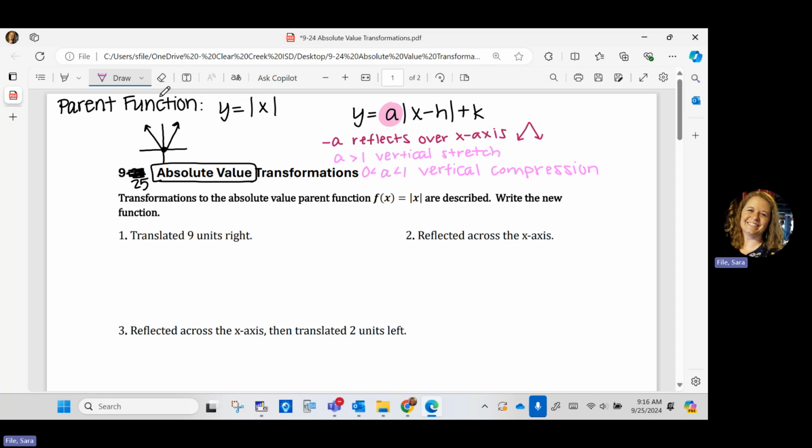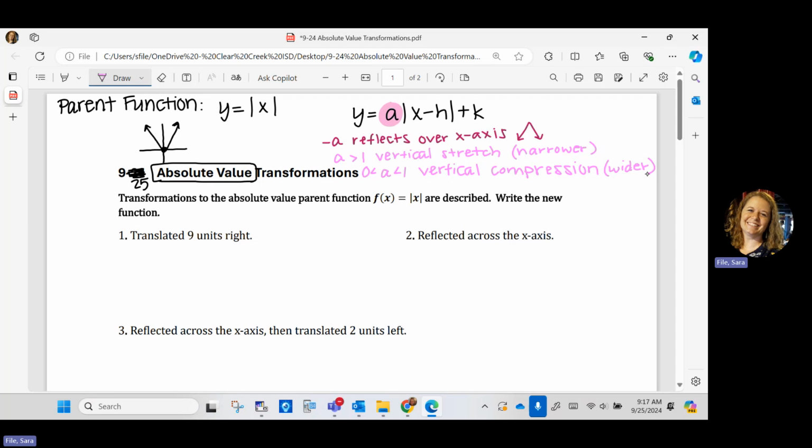So I'm going to use those words narrower and wider here. So a vertical stretch makes the graph look more narrow. A vertical compression makes it look more wide. Okay, so that's how the A affects the graph. If it's negative, it's going to open down.